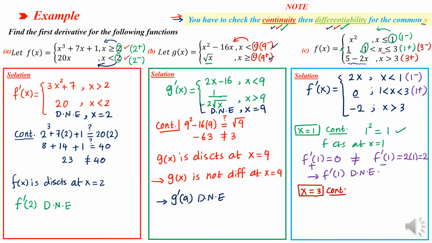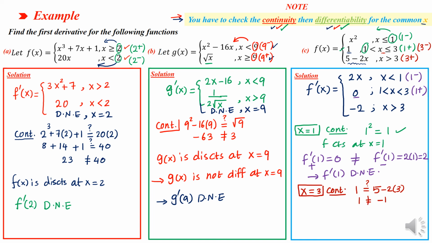So you have to plug in 3 for the two functions. We have 1 for 3 from the left, and you have to check if it equals 5 minus 2 times 3. So we have 1 on the left hand side, and on the right hand side we have 5 minus 6, which is negative 1, which means they are not equal.